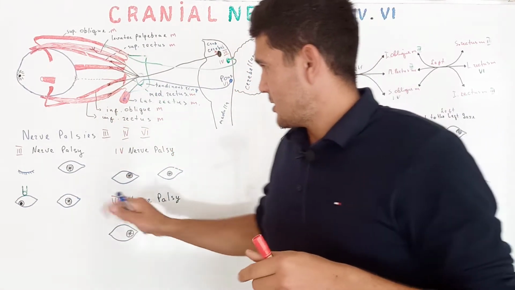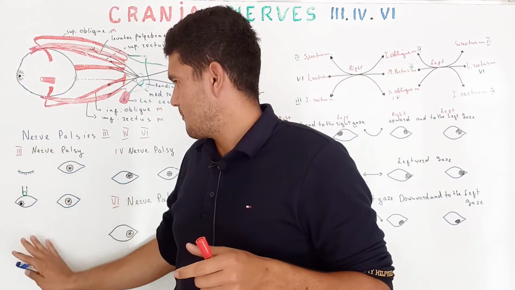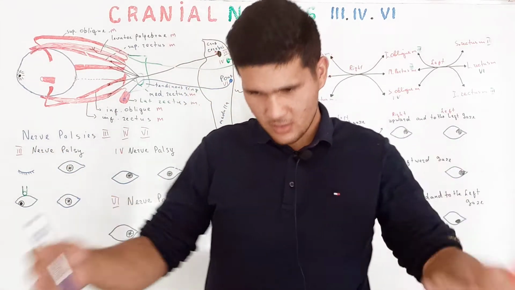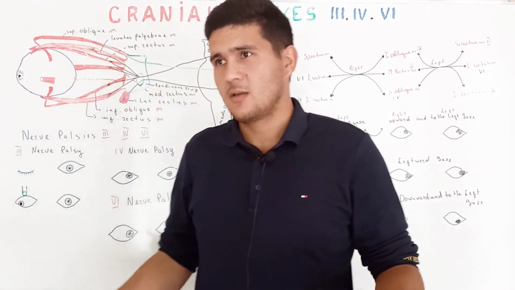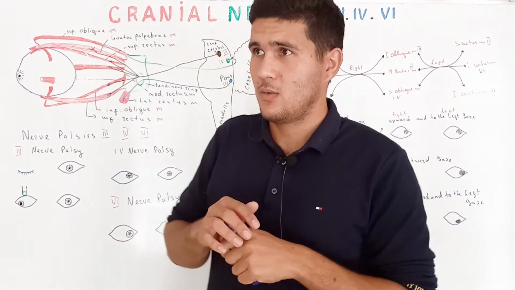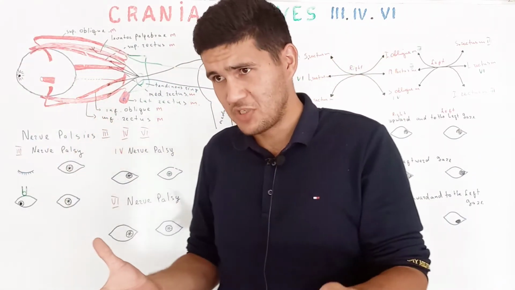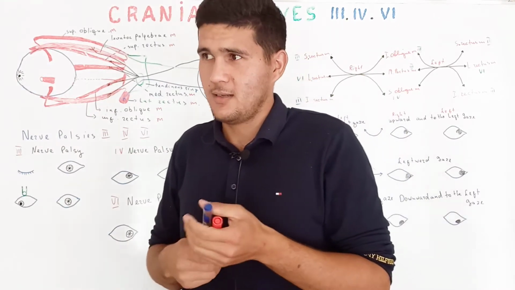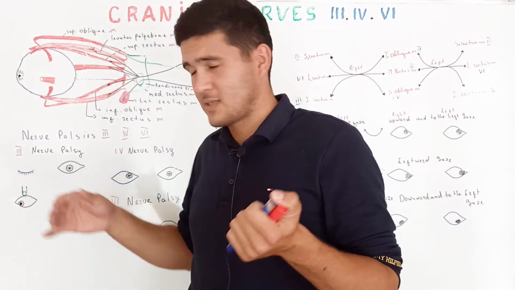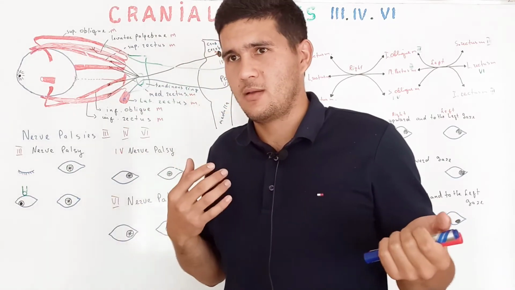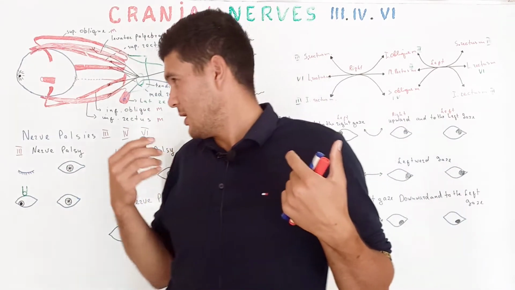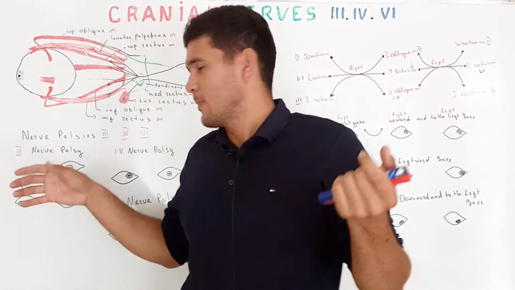Okay, and in oculomotor nerve palsy, when the patient comes to your room, as a neuropathologist, you can watch the patient and ask about their complaints. The patient says that I couldn't open my left eye. I couldn't open my right eye.